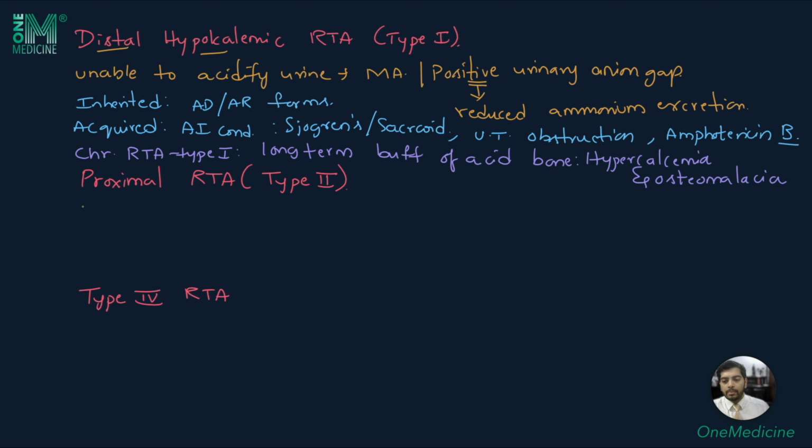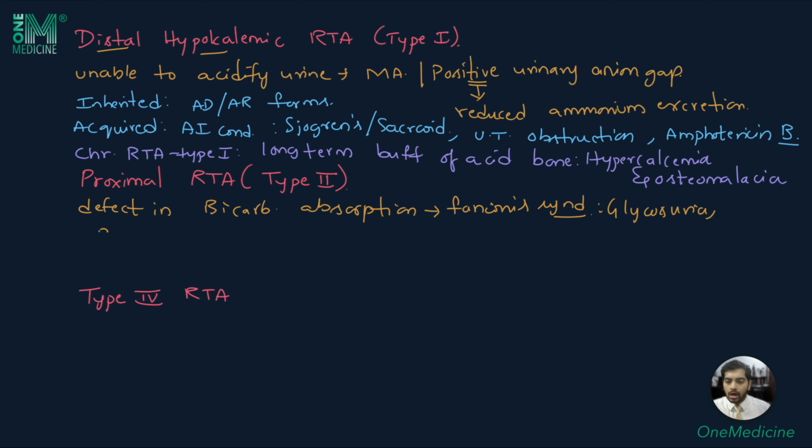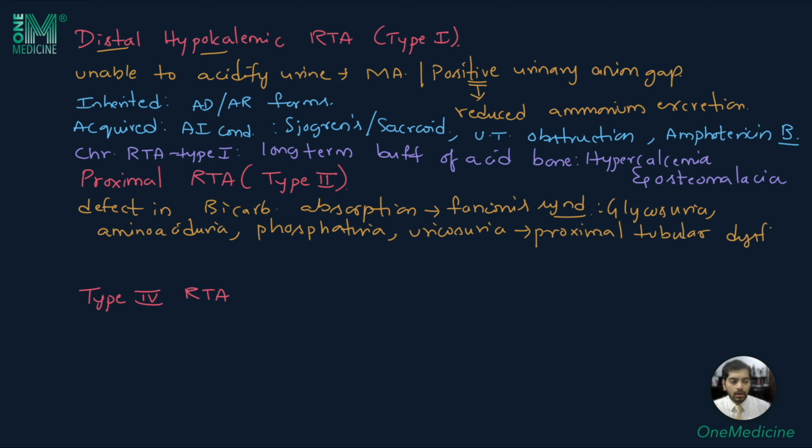In proximal or type 2 RTA, there is a defect in bicarbonate absorption which is associated with Fanconi's syndrome and constitutes glycosuria, amino aciduria, phosphaturia, and uricosuria. This denotes a proximal tubular dysfunction.